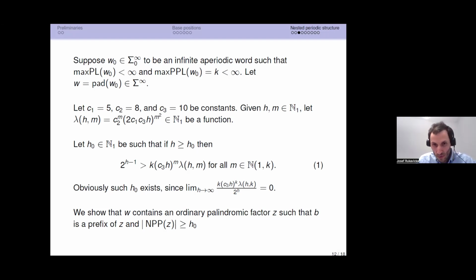This is known already for a couple of years, and using this result, I derived that there is also a factor for any given h. There is a factor that has h non-periodic palindromic prefixes, and I select the factor z using this requirement that the h is bigger than h0.